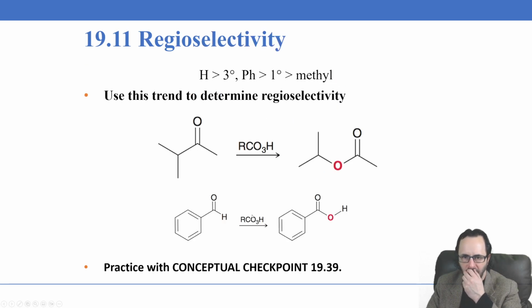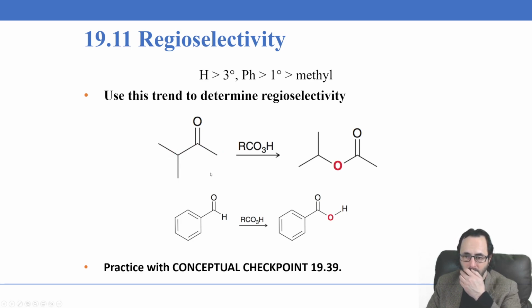So for example, let's say you're deciding what's going to happen when we have the production of the ester from this ketone right here. Is the oxygen going to position itself between this carbon and this one right here, or is it going to position itself between this carbon and this one right here?